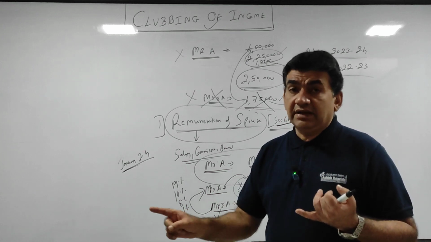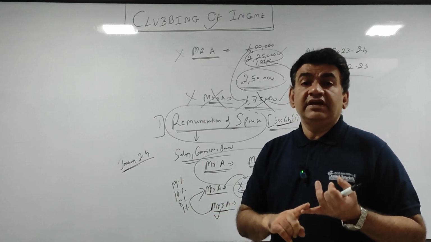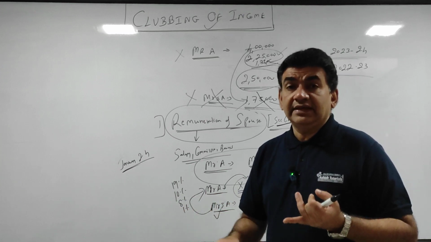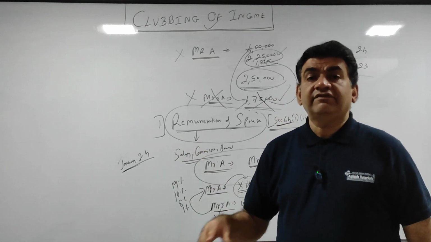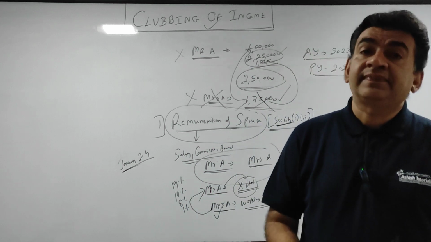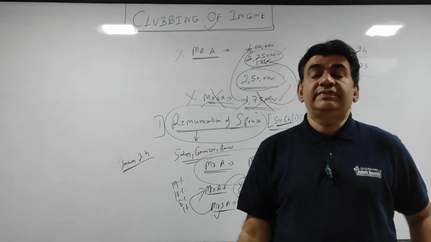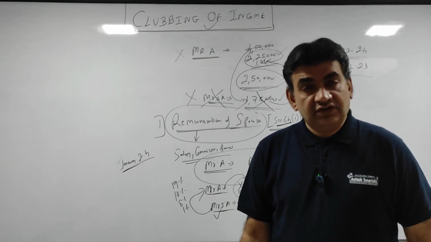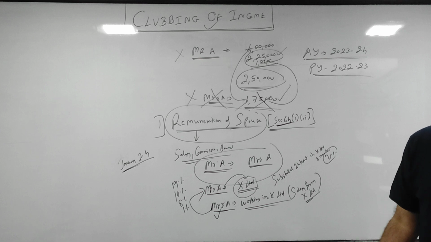Engagement, no clubbing. Girlfriend boyfriend, no clubbing. Living relationship, no clubbing. Divorce, no clubbing. Husband wife का relationship should be existing. Got it, guys? This is another criteria.